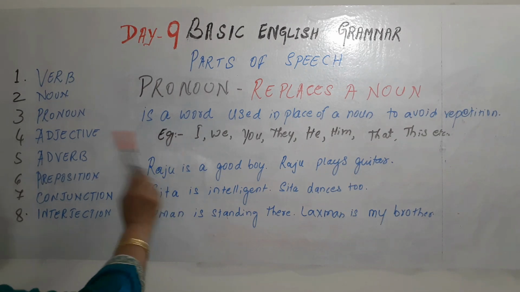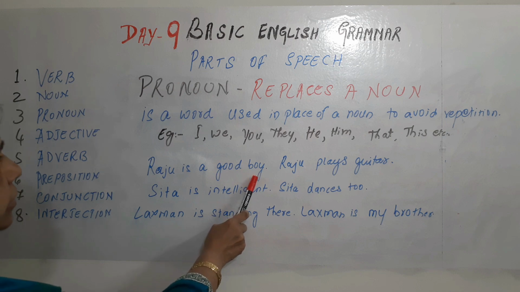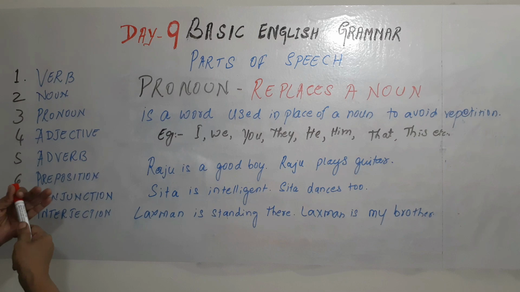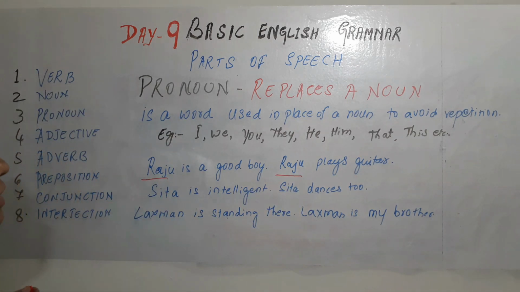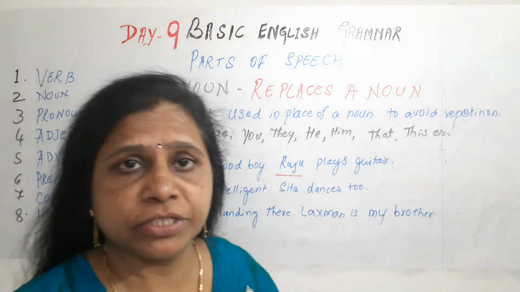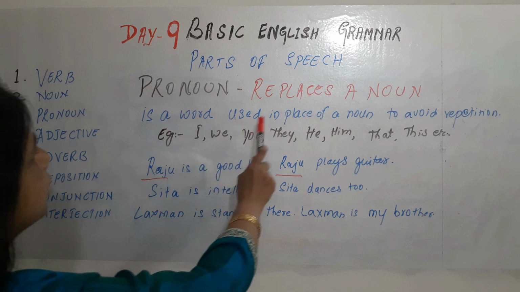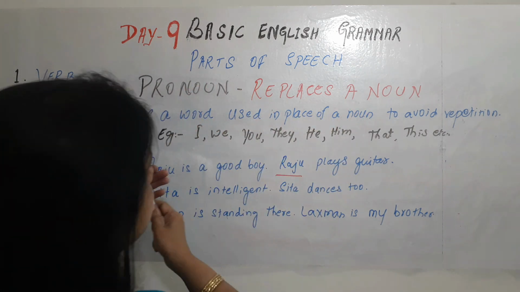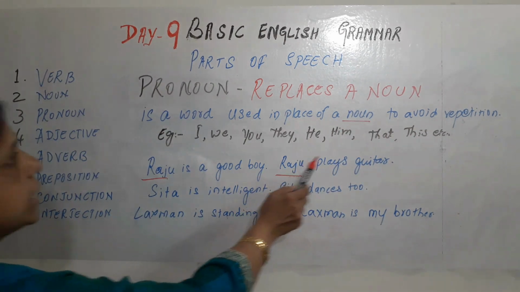So let us see with an example. Raju is a good boy. Raju plays guitar. Here, we can see Raju in two places. Raju is the name of a person, that is a noun. A pronoun is a word used in place of a noun.